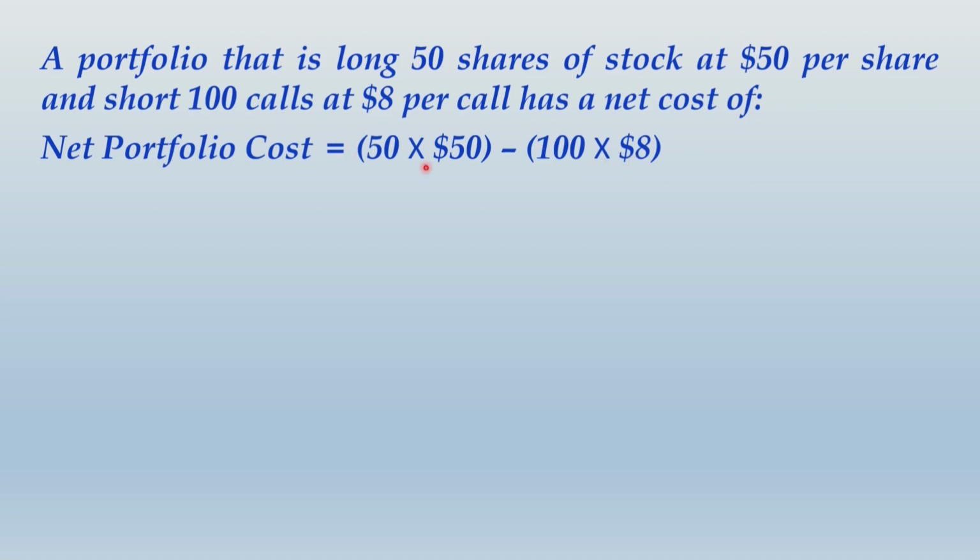What you have to pay is 50 into 50, that will be $2,500, and what you have to receive is $800. So you will have to make a net investment of $1,700, that is $2,500 minus $800. Now this $1,700 you will arrange through the risk-free rate.